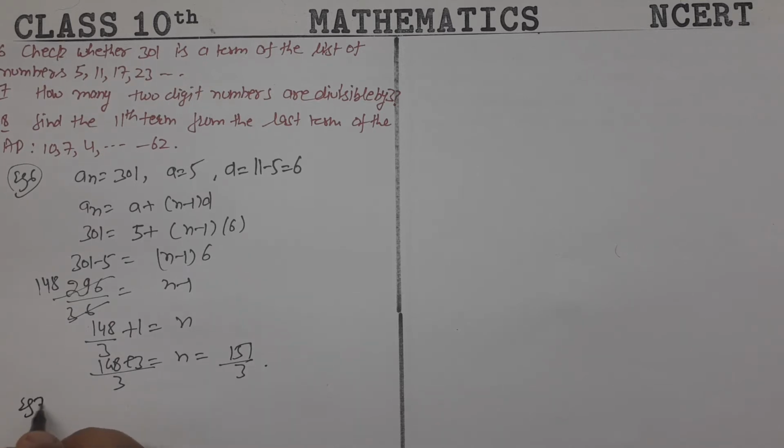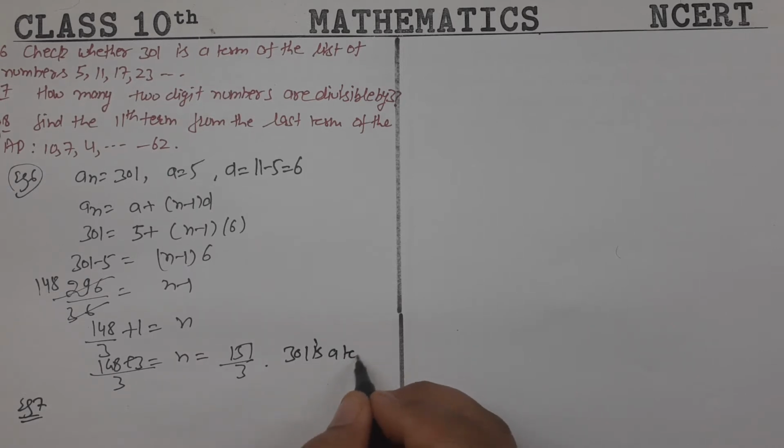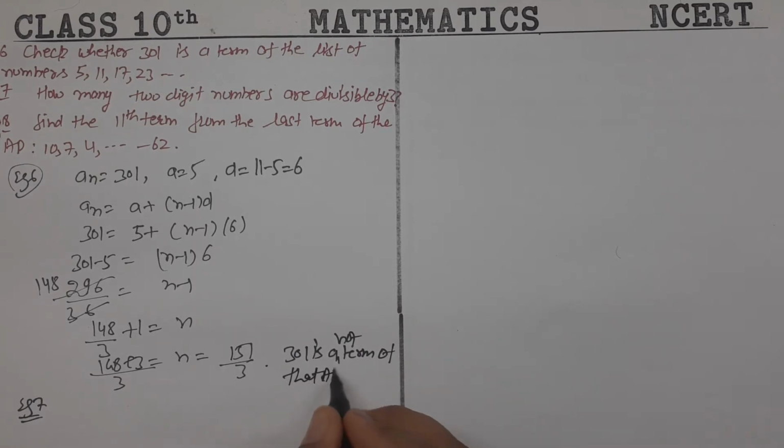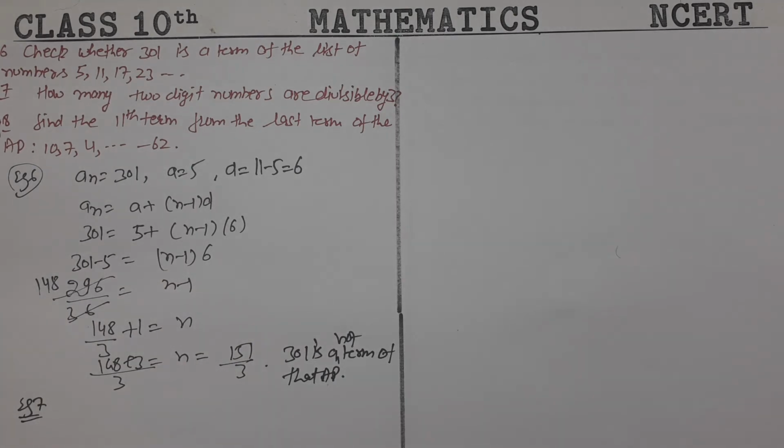Next is example number 7. How many two-digit numbers are divisible by 3? Two-digit numbers start from 10 up to 99.